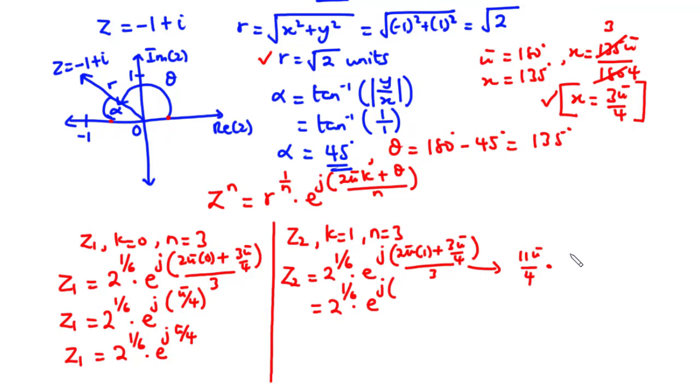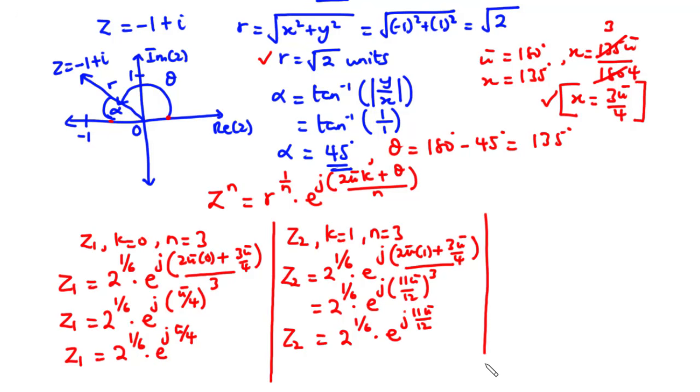So we can multiply by the reciprocal, which is 1 over 3, and this becomes 11 pi on 12. So that is the angle, 11 pi on 12. So finally, we have z2 equals 2 exponent 1 over 6 times e exponent j 11 pi on 12.